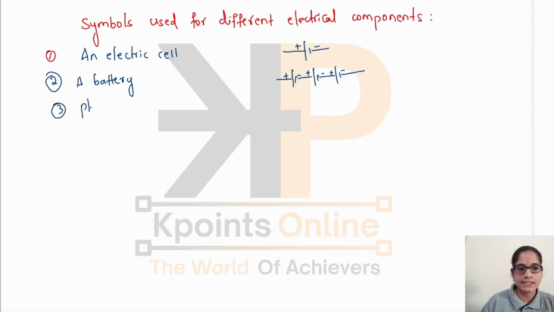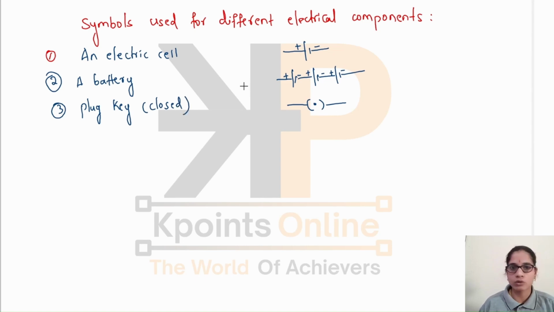And the plug key, as we had seen, is represented like this. If it is closed, meaning switch on, and if the plug key is open, it is shown as, meaning the circuit is not complete and the current is not flowing. It is in the switched off condition.